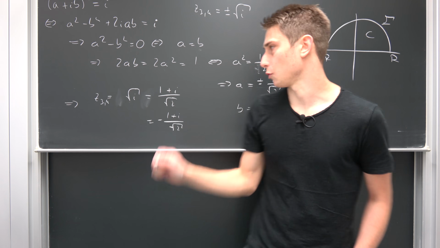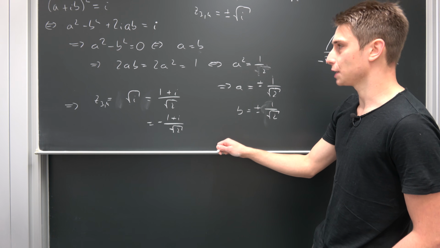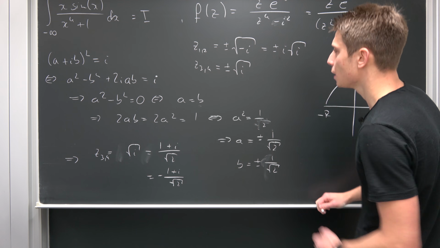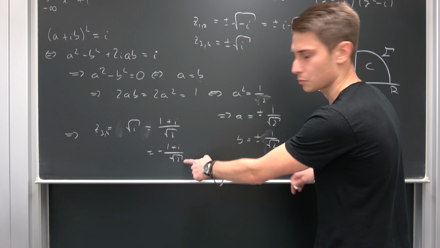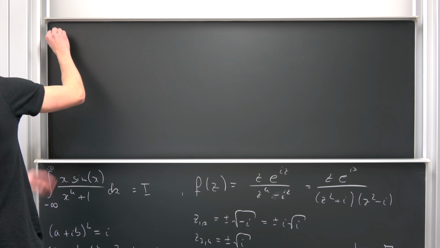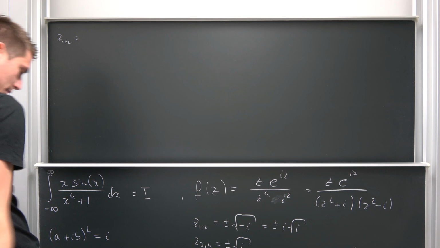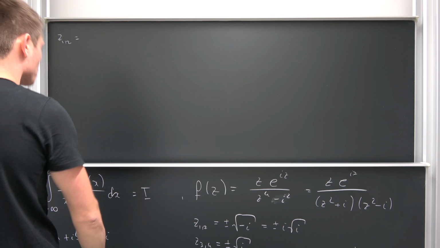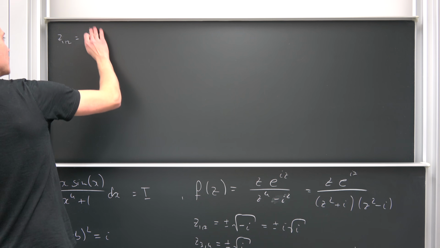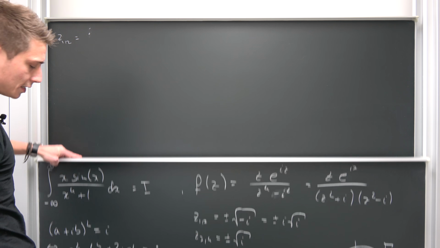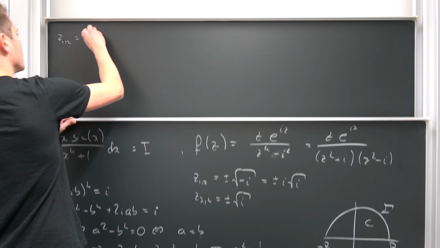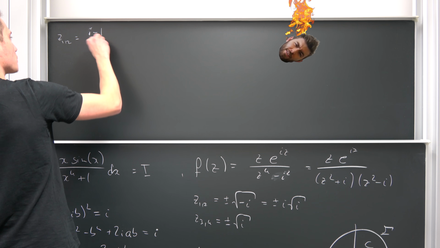I hope you can see where all of this came from. Now it's actually quite easy to evaluate those set 1 and 2's, because we can just multiply those terms by i, and then we are pretty much done. So set 1 and 2 is going to evaluate to, on the first one, i times this one is i minus 1 over square root of 2.